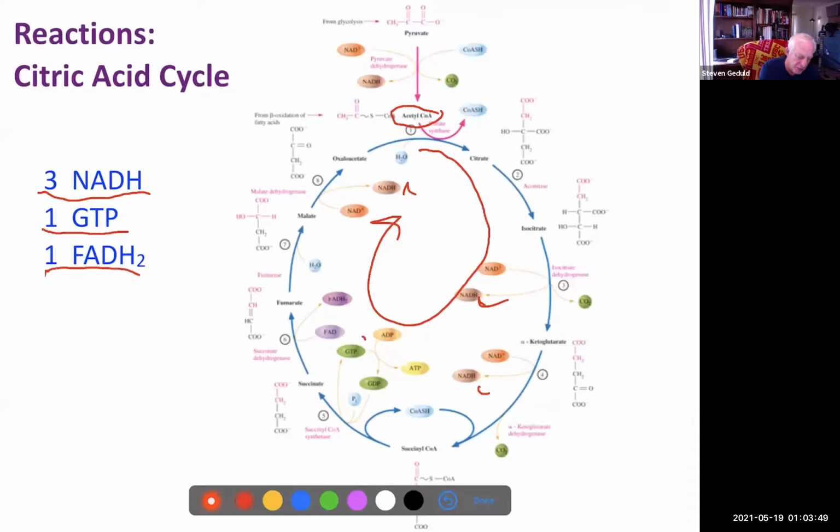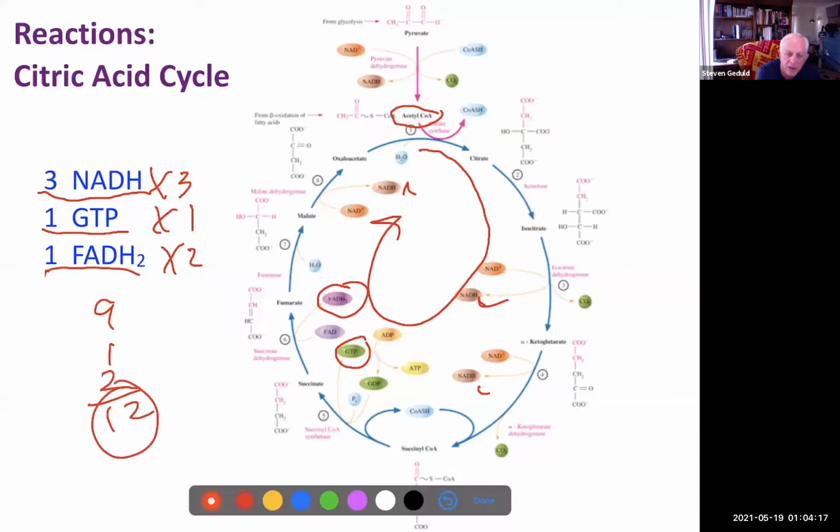Here's your GTP produced, and here's your FADH2 produced. Right? So now you've produced all those, and remember NADH is 3 ATPs. Okay? And then in the mitochondria, GTP is 1 ATP, FADH2 is 2, where it enters that. So this gives you 9 plus 1 plus 2, which is 12. And there's where your 12 comes from.